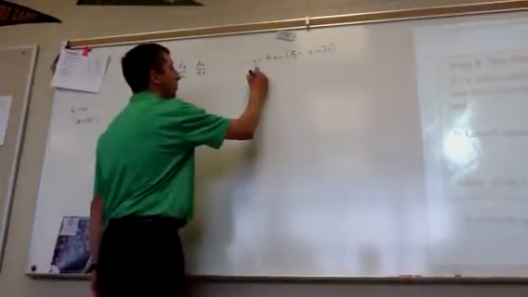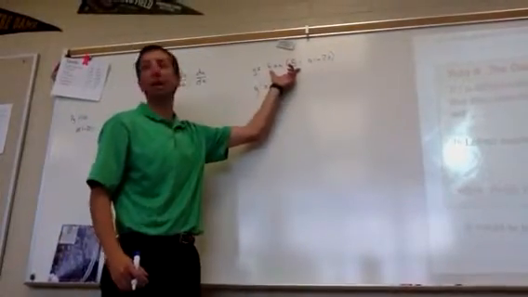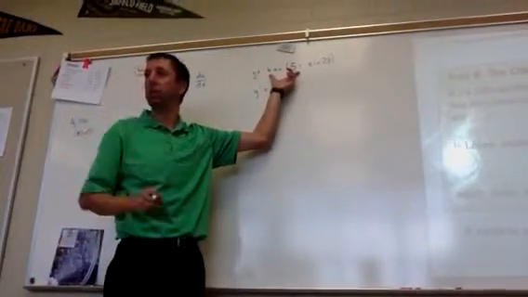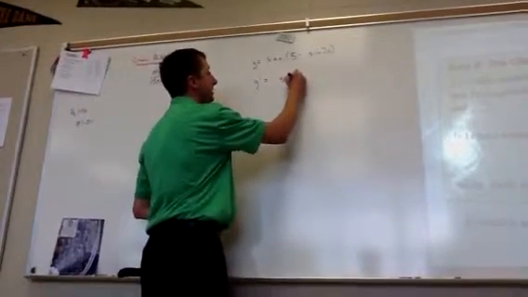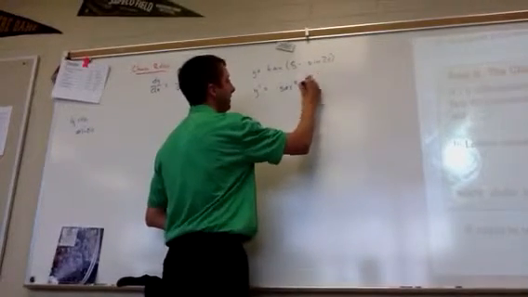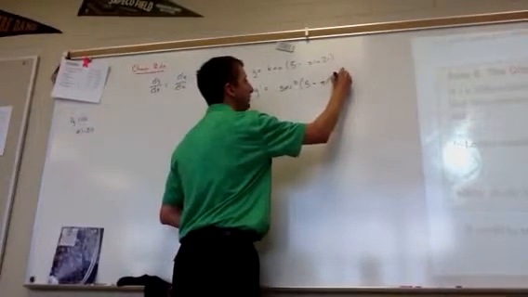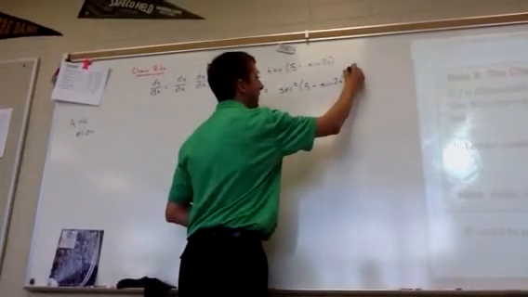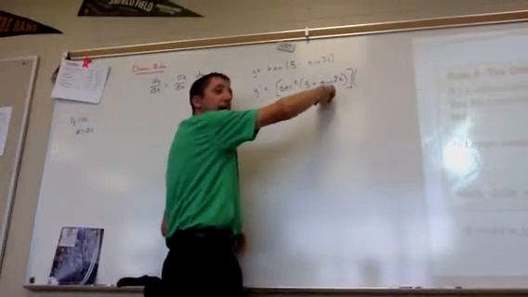So if I want to do y prime, what's the derivative of tangent? Secant squared. So then I've got secant squared of 5 minus sine of 2t times the derivative of the inside.